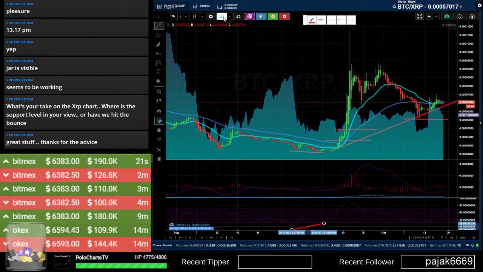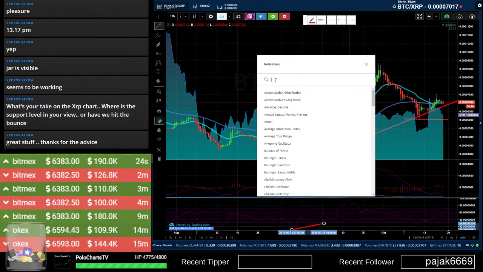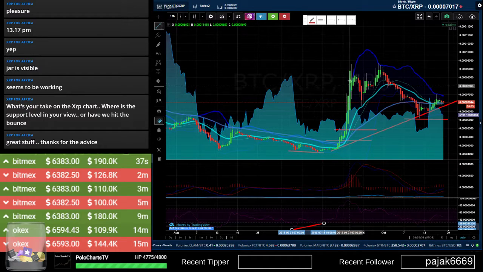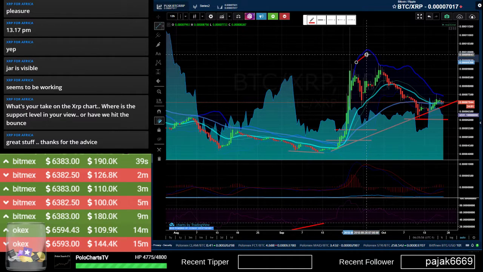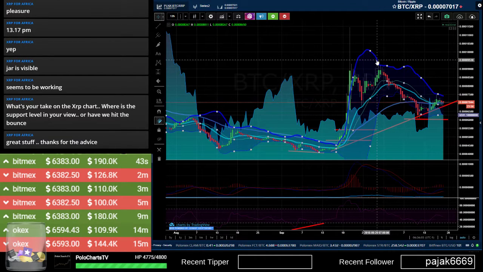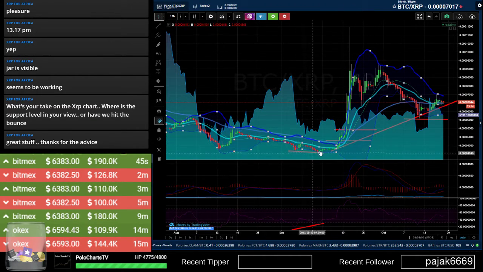And then I've also seen a lot of people using Bollinger Bands, and they're looking to see how narrow these bands are. When they're getting really narrow, it's showing that there's going to be some big move coming up, the more narrow they are, from what I understand.